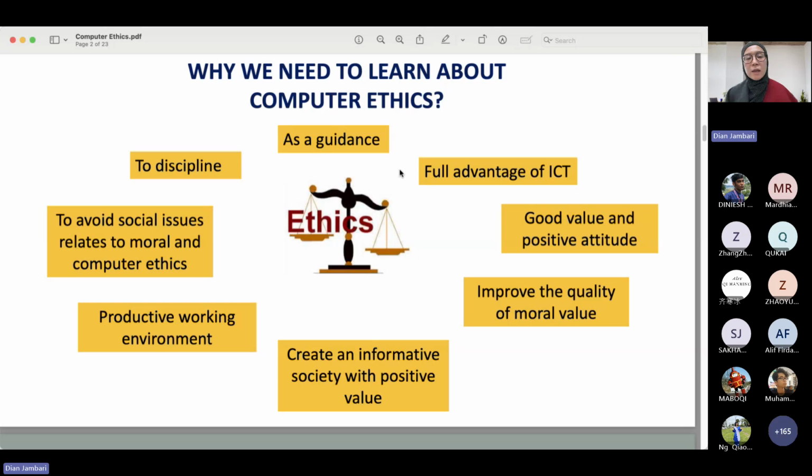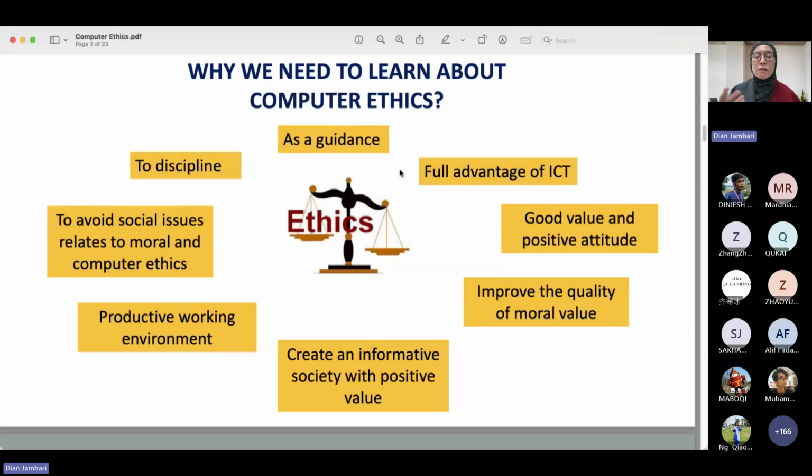Professionally we are ethical, and professional ethics helps to form the way we act and the way we think, to also avoid social issues that are influenced or affected by our profession as computer or IT experts.